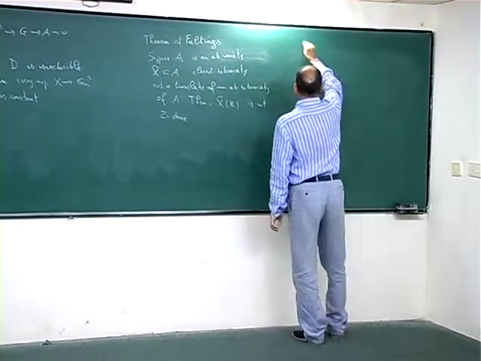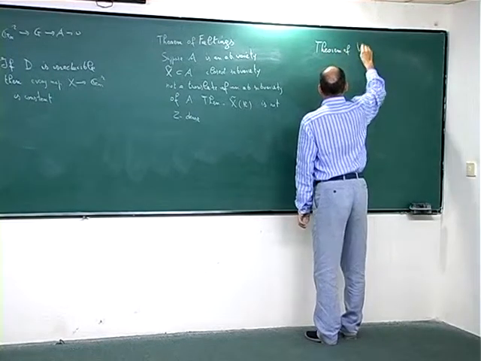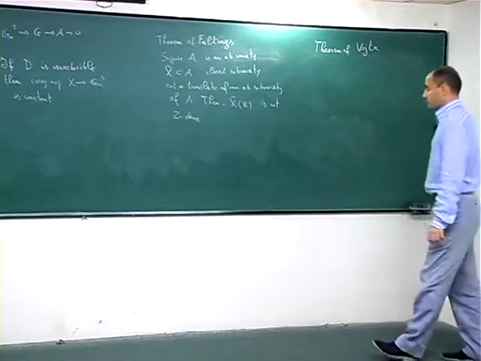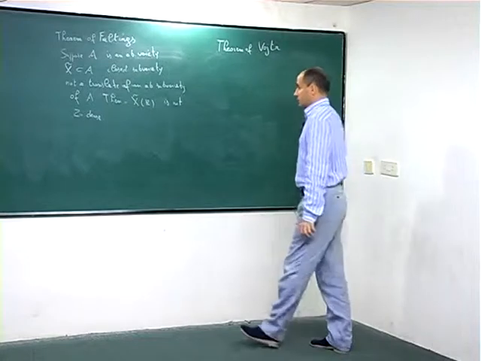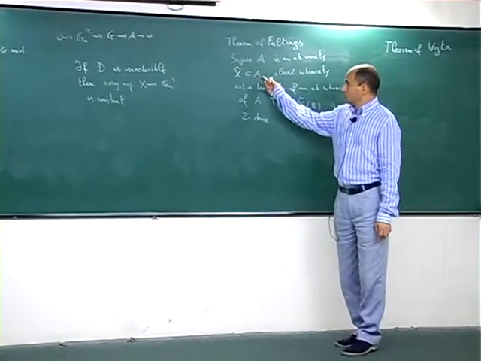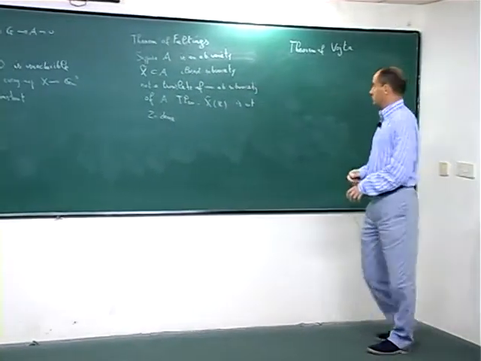Vojta generalized this theorem to semi-abelian varieties and integral points instead of rational points.